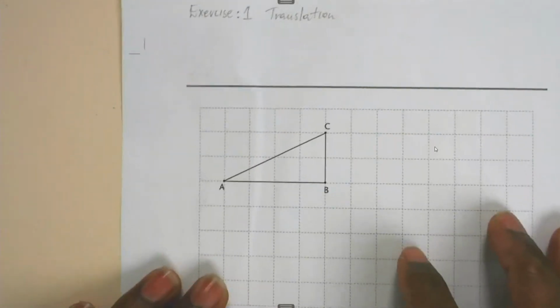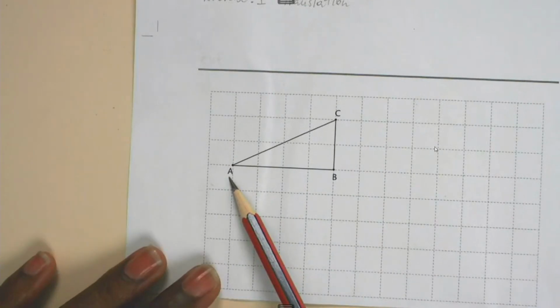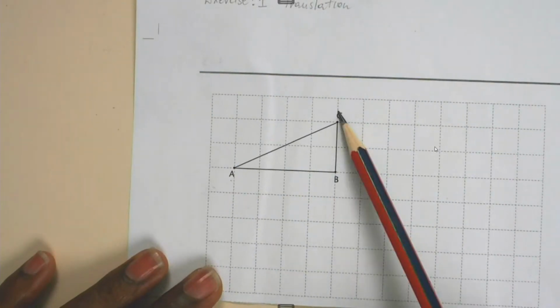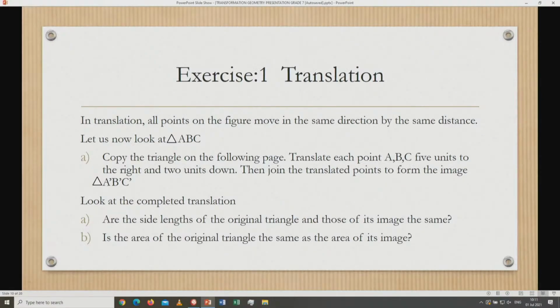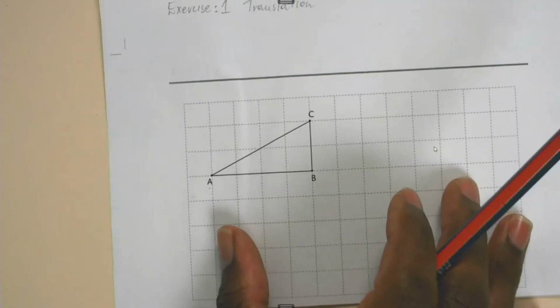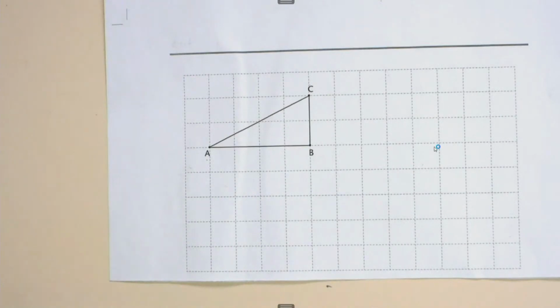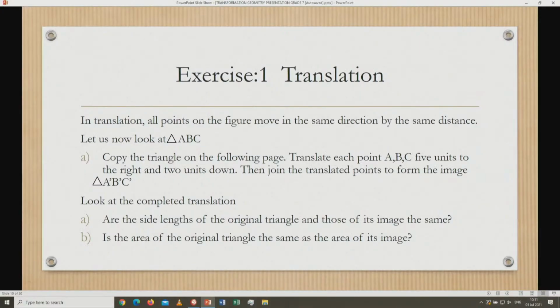Right. So this is triangle ABC. It says, copy the triangle on the following page, which is this page. So we're going to copy this triangle. Translate each point A, B, C 5 units to the right and 2 units down.